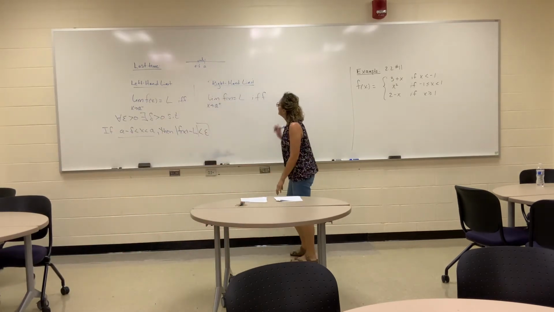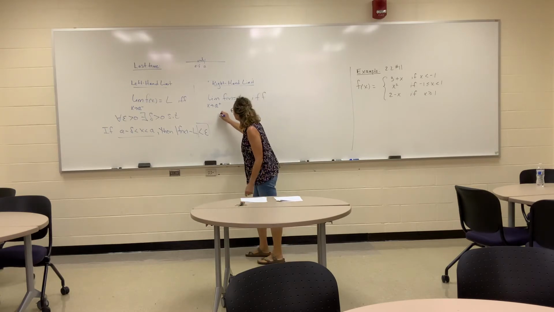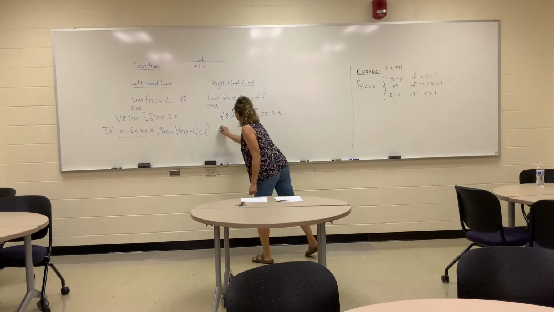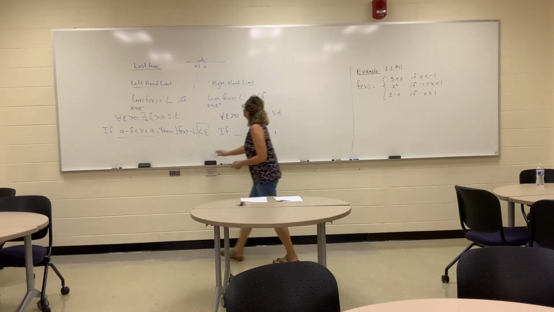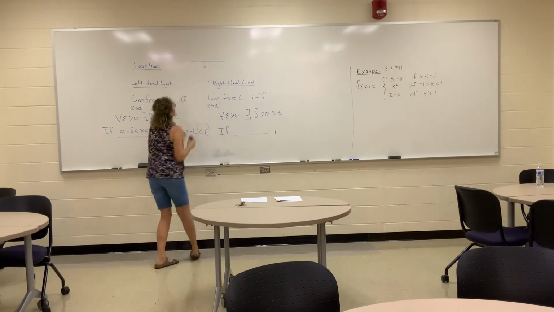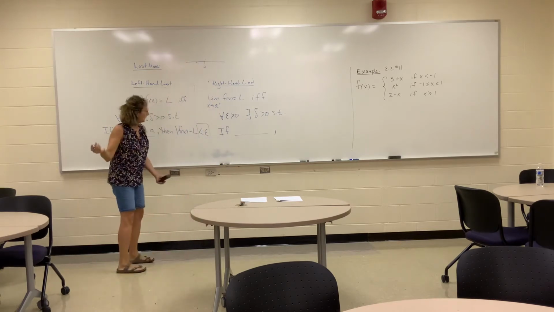And then the right-hand limit follows super simply as well. We'll write that down too. For every epsilon greater than 0, there exists a delta greater than 0, such that if, what's our restriction here? Now we don't want x to be to the left of a, we want it to the right of a.